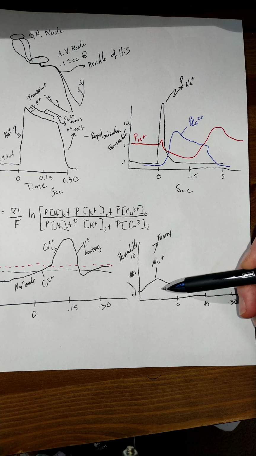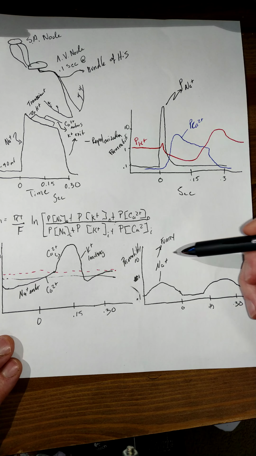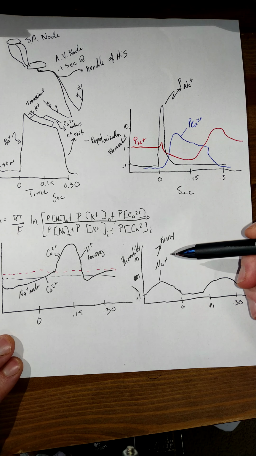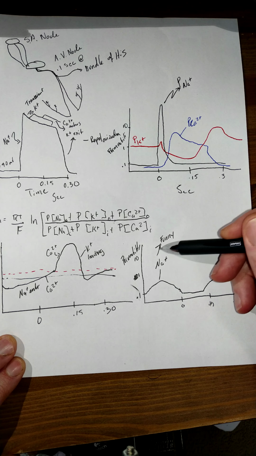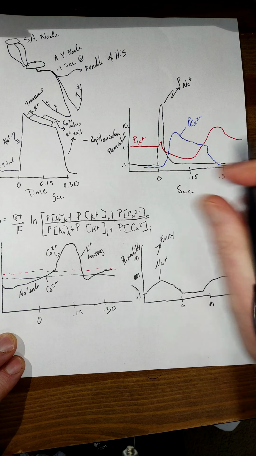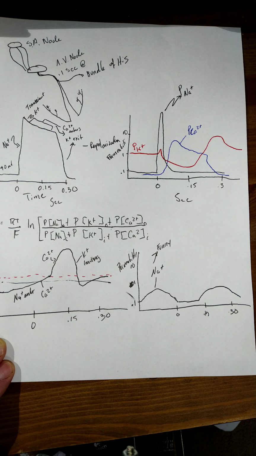Calcium might be able to pass through there as well. And we call it a funny channel just because of this odd behavior. We could call it its proper name, which is the hyperpolarization activated cyclic nucleotide gated HCN channels, or the funny. I'll just prefer the funny. So that's our sodium channel, acting differently than any sodium channel we've talked about previously.